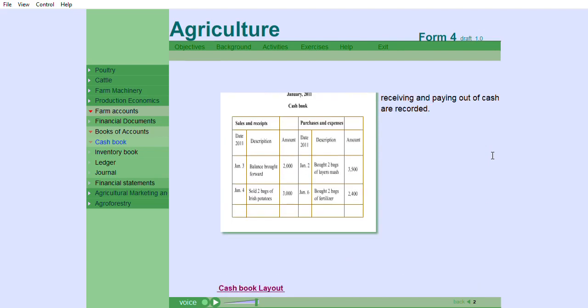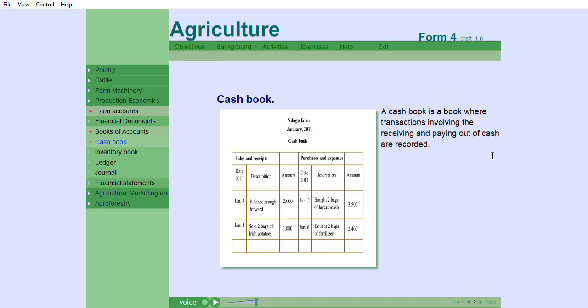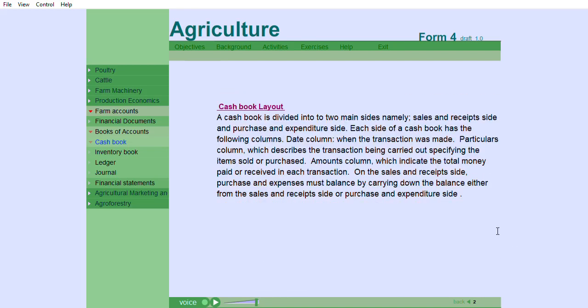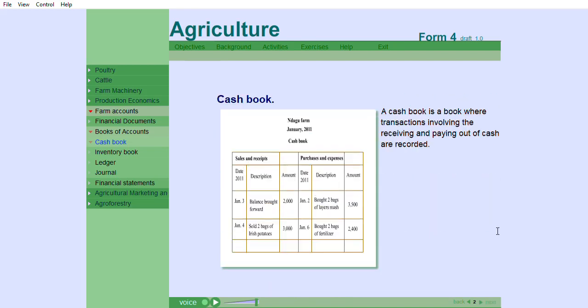Each side of a cash book has the following columns: date column, when the transaction was made; particulars column, which describes the transaction being carried out, specifying the items sold; amounts column, which indicate the total money paid or received in each transaction. On the sales and receipts side, purchase and expenses must balance by carrying down the balance either from the sales and receipts side or purchase and expenditure side.